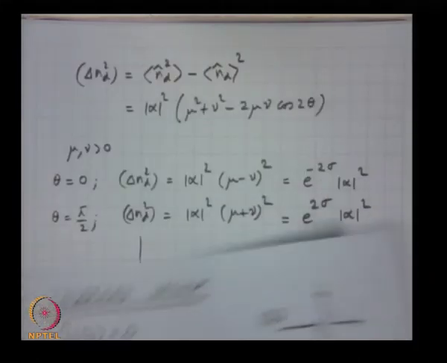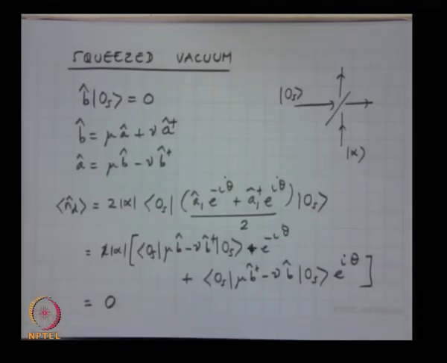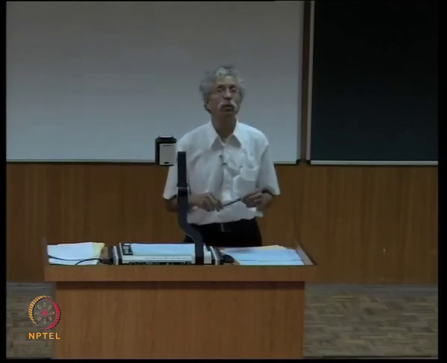If I have greater squeezing, larger value of sigma, there is greater reduction in the noise that I can achieve. Experimentally, people have achieved more than 10 decibels of noise reduction, which is 10 times.